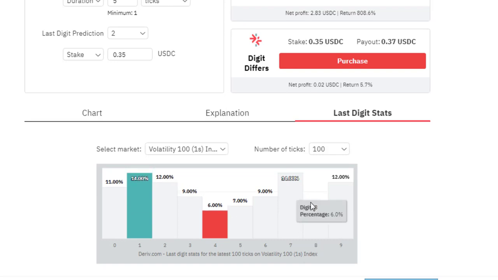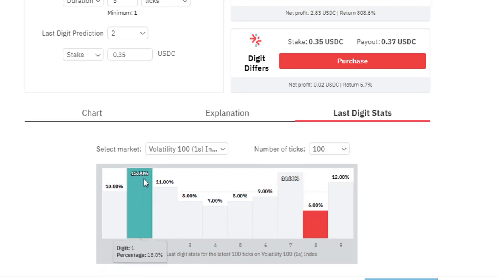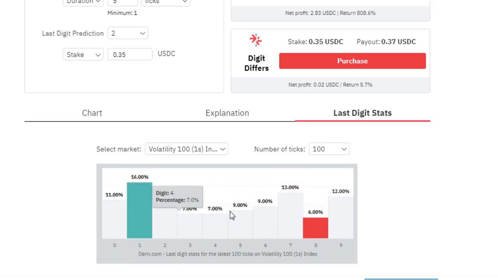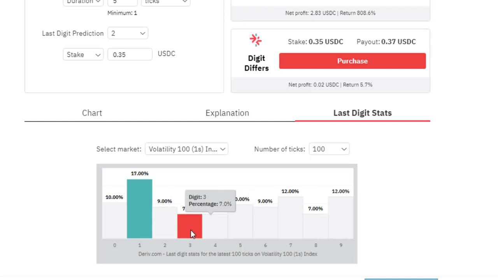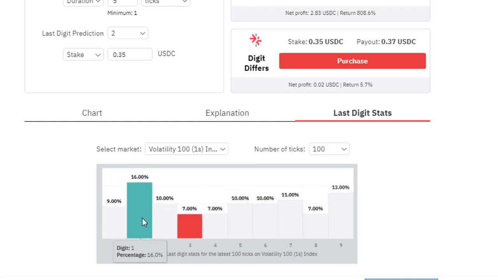You can see the percentage. So in the last 100 digits, this one came out 15 times, 15%. You can see it's increasing, it's changing. The red one is the one that came out the least, while the green one is the one that came out the most in the last 100 ticks.